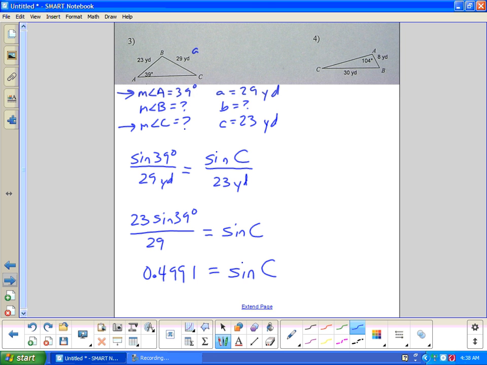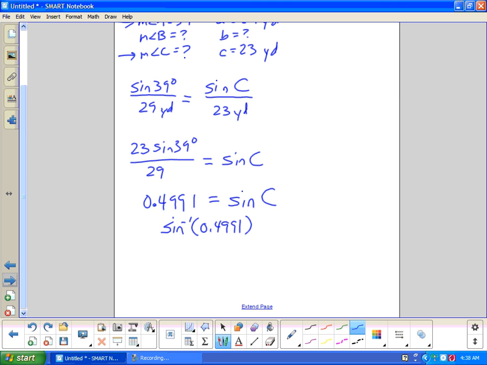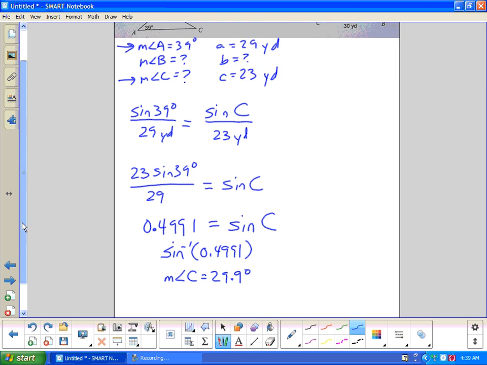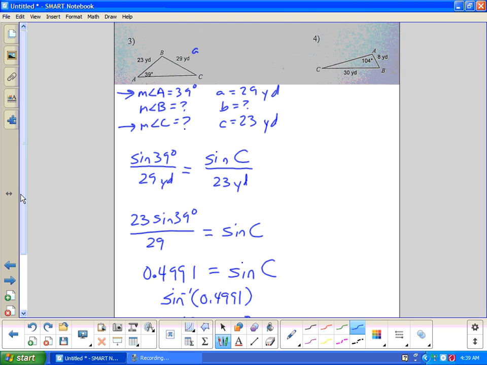So we got to say, oh, calculator of mine, I know the ratio. Please go backwards and tell me the angle. And when you take sine inverse of 0.4991, problem 3, you get the measurement of angle C is 29.9 degrees when you round to the tenth. So I come up here and I can write 29.9 degrees.